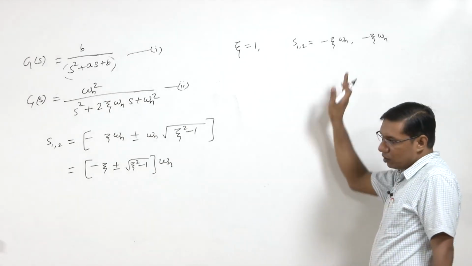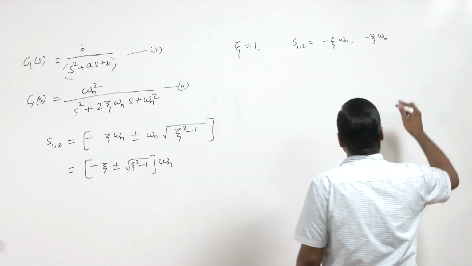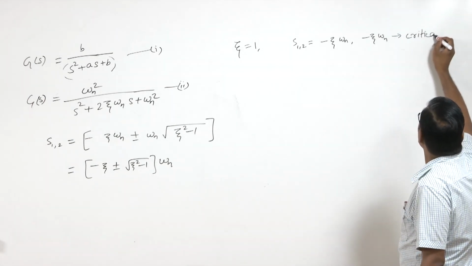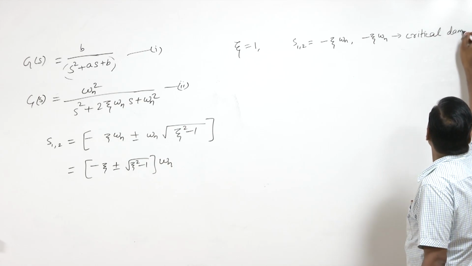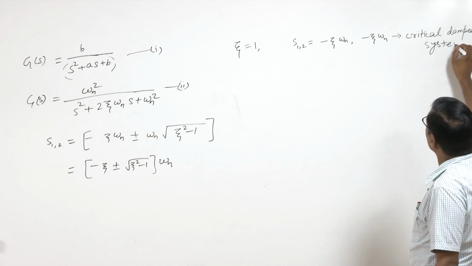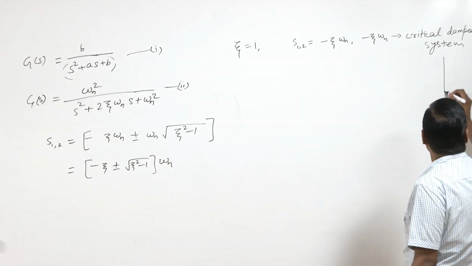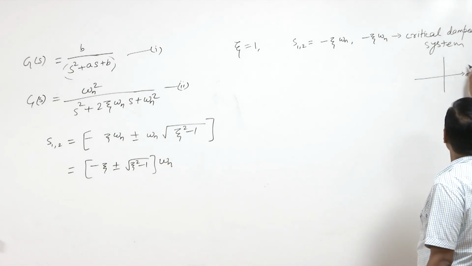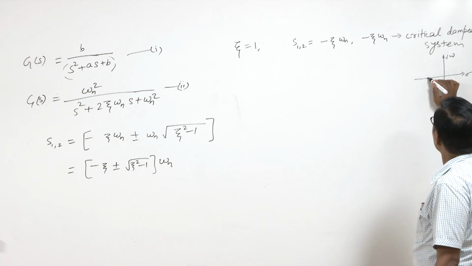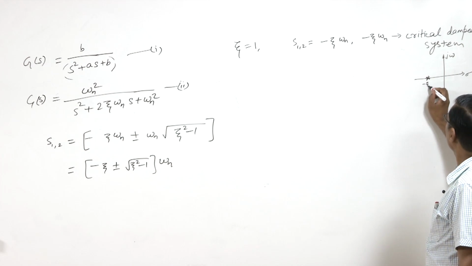So the roots are equal and real. So this system is called a critically damped system. And when we want to present the roots of this system, these roots are on the real axis and the same here, so minus zeta omega n.